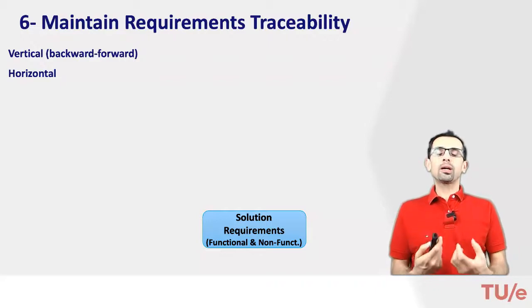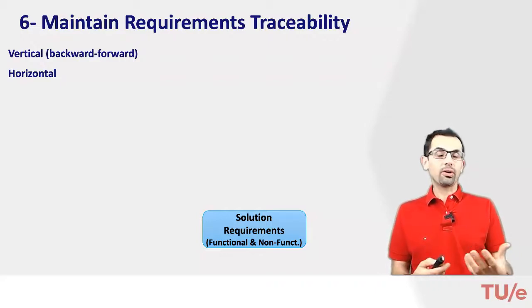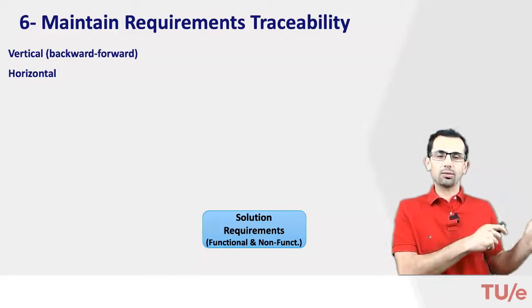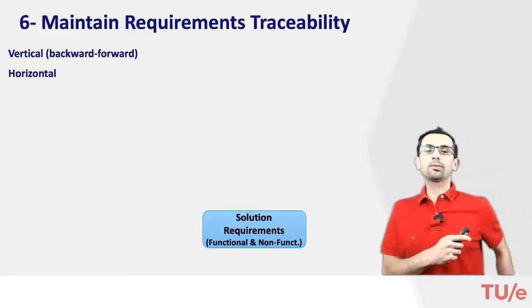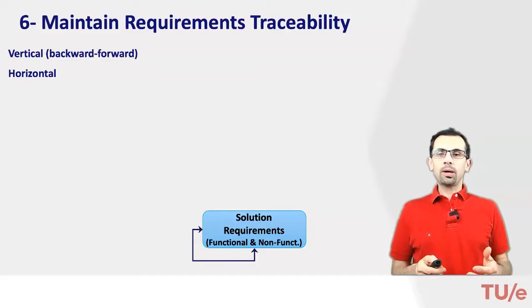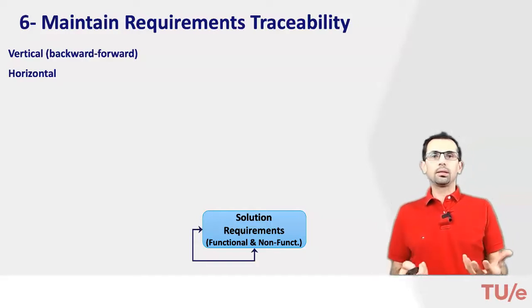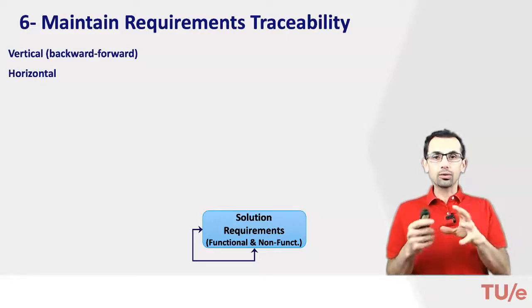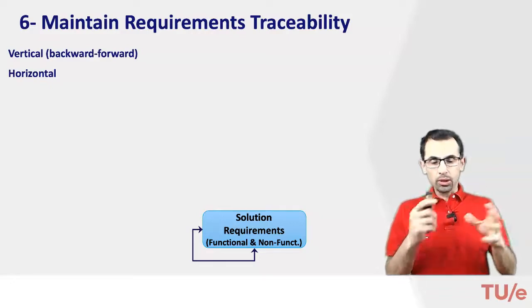If you're talking about solution requirements, functional and non-functional, which are meant for designers, coders, and testers for the remaining part of the project, then when we talk about horizontal traceability, we're talking about linking solution requirements within themselves.